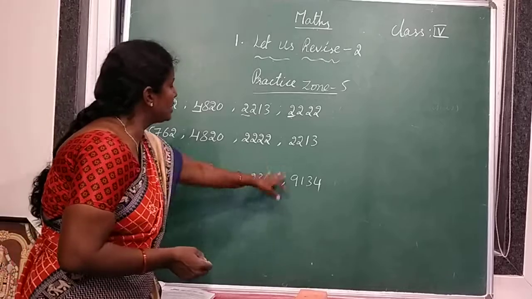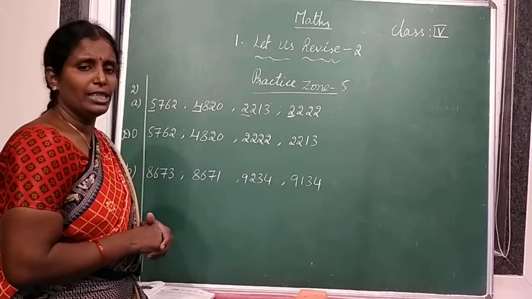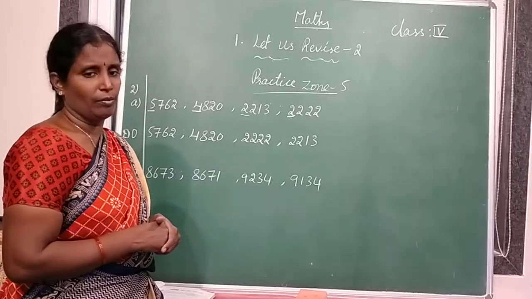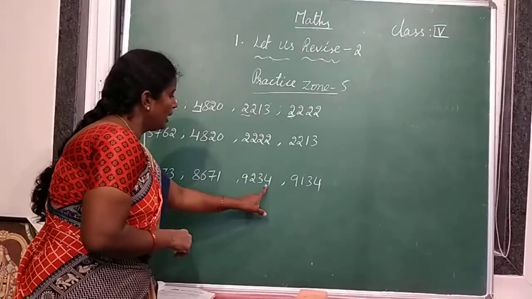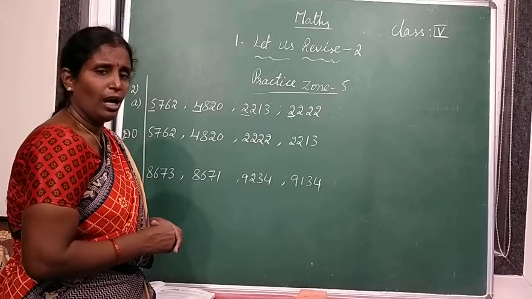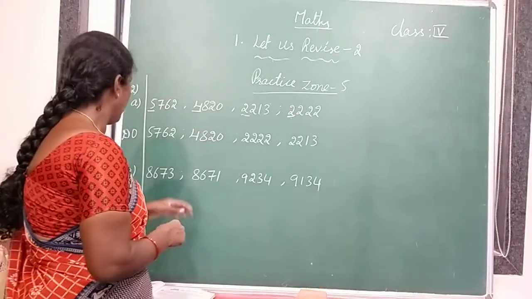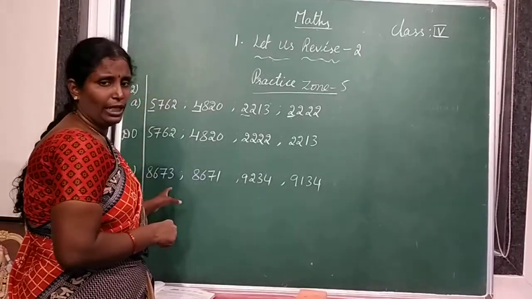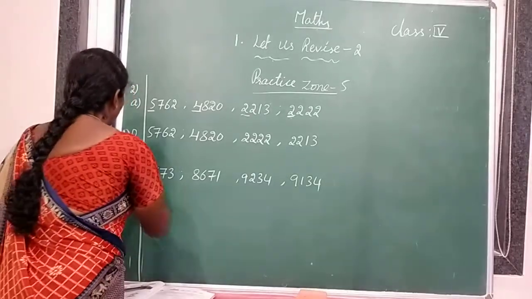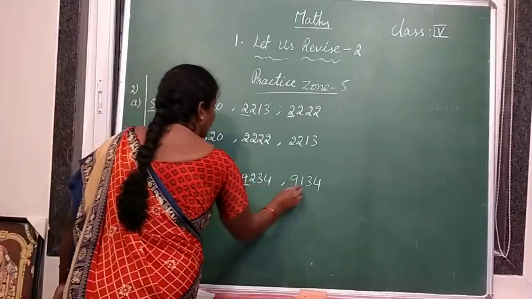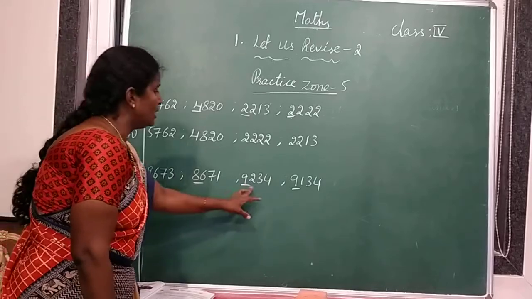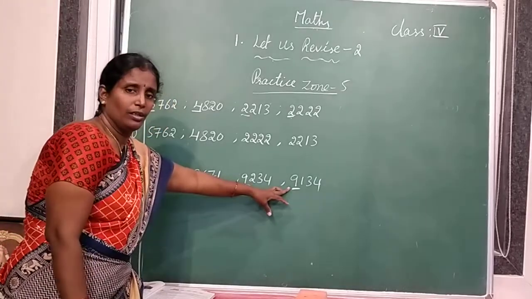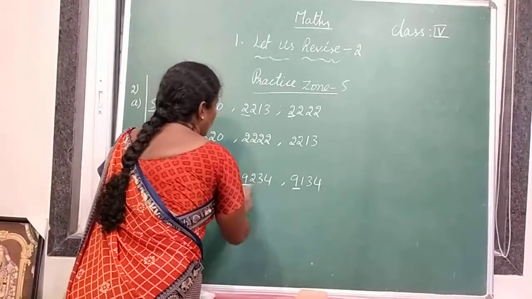And next, here also all these numbers are 4-digit numbers, and compare. I am not going to explain this one. You have to tell which is greater and how it is greater. Yes, 9234 is greater, but how? Yes, all are 4-digit numbers only. So 8 8 9 9. Alright. So 8 is smaller than 9. Then 9 9 both are same.